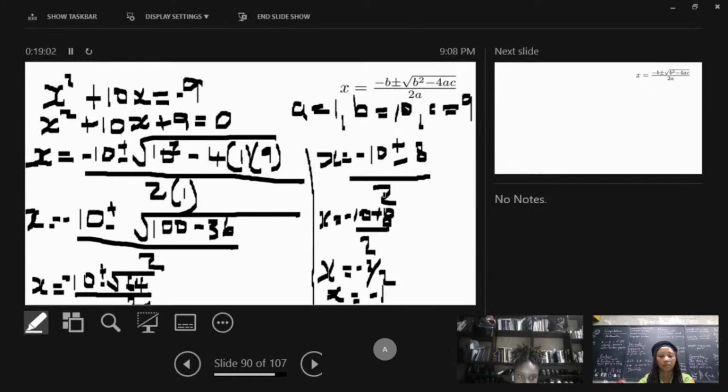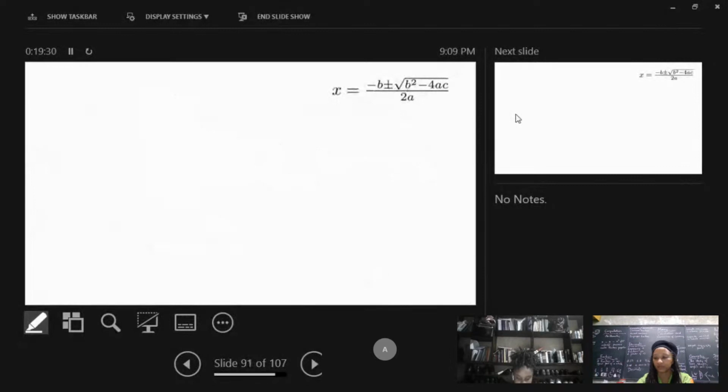And negative 10 minus 8 over 2: negative 10 minus 8 is negative 18, and negative 18 divided by 2 is negative 9. All right, so x is negative 9.